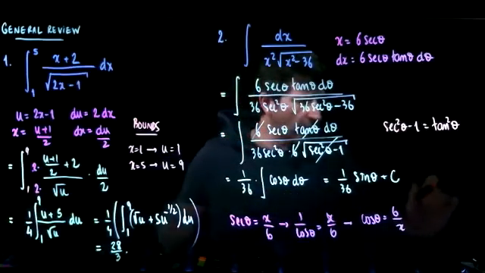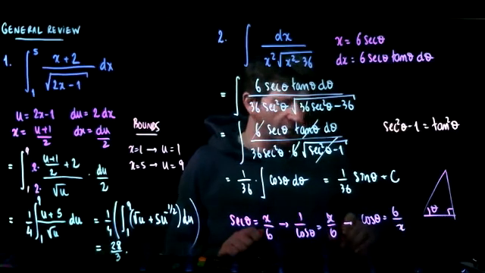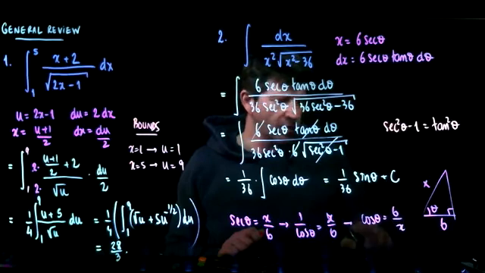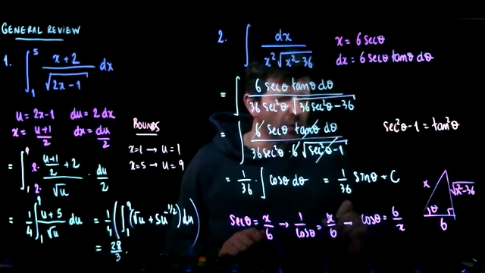Okay, so I'm going to draw my triangle here. The angle is theta, and this is 90 degrees. Adjacent over hypotenuse, so 6 over x. Adjacent over hypotenuse is the cosine. And so this will be the square root of x squared minus 36.